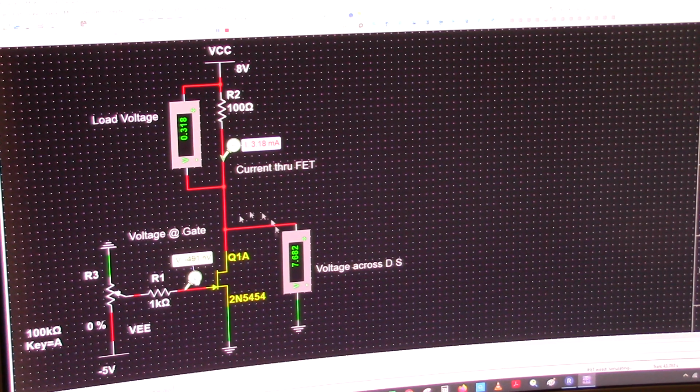So this is an N-channel device, and the source is connected to ground right here, and the drain is connected to VCC, which is 8 volts.